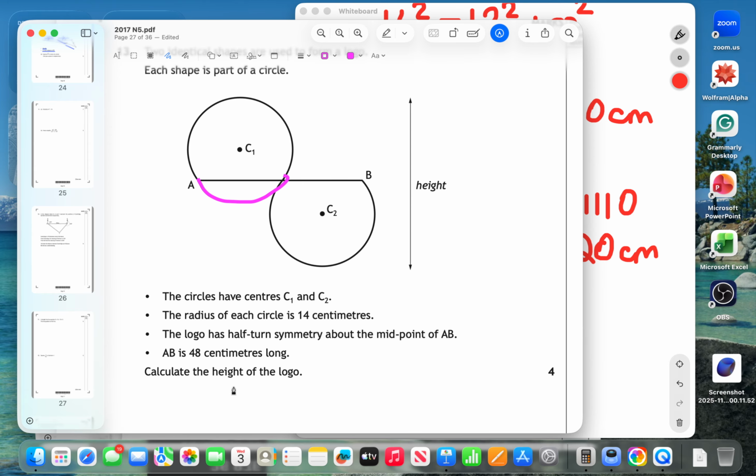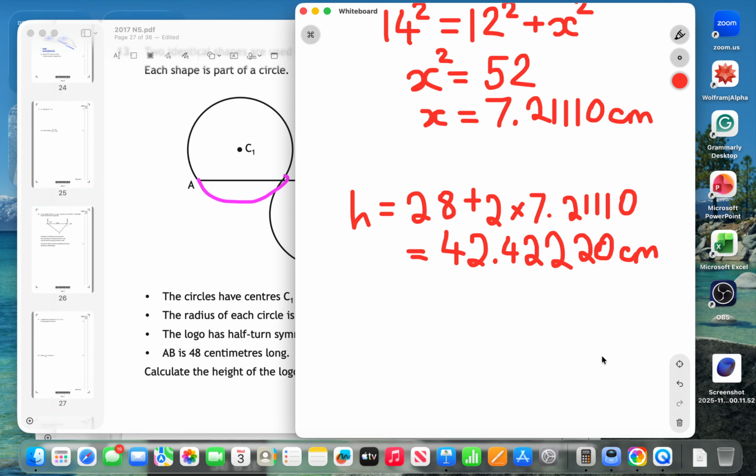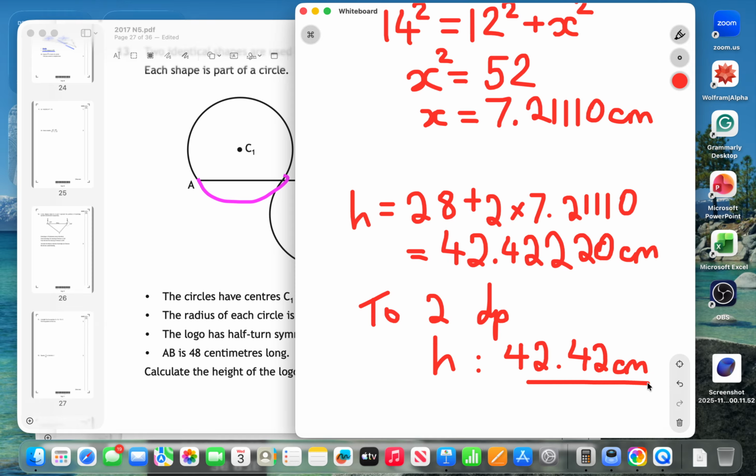There's no guidance on rounding, so we can round this off a bit because 5 decimal places is not needed. So I'm going to use 2 decimal places. So to 2 dp, the height is 42.42 centimetres, and that's us done this question.